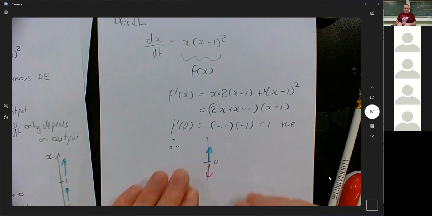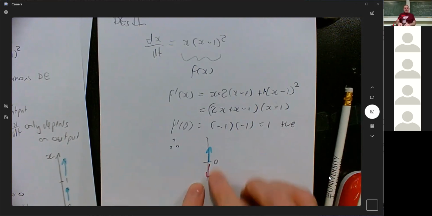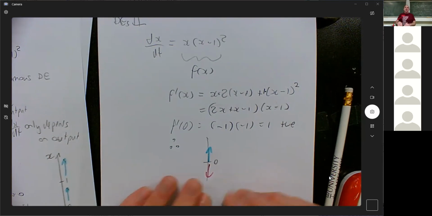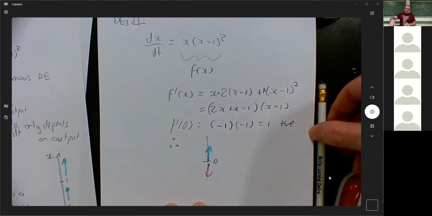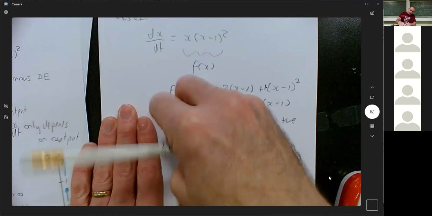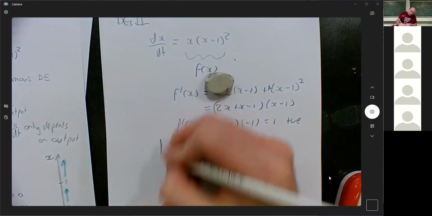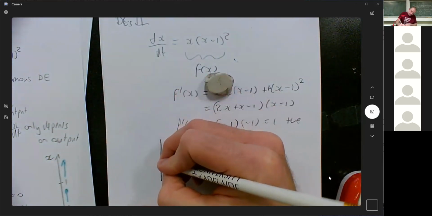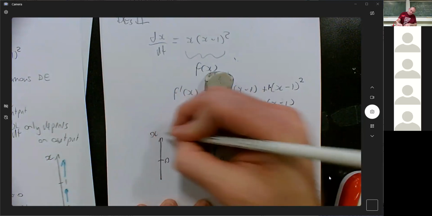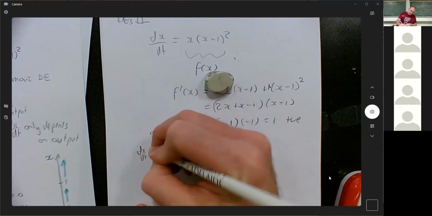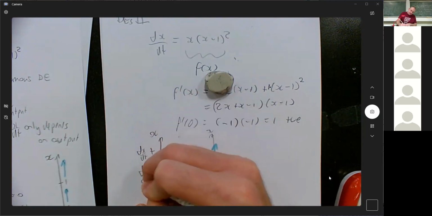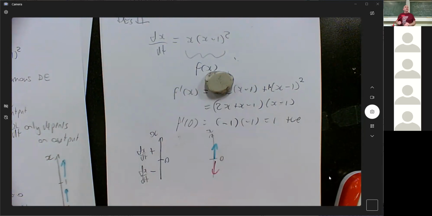That's telling you that as x moves past this point, the value of dx on dt goes upwards, so it goes from being negative here to being positive here. So dx on dt is positive here, and dx on dt is negative here.